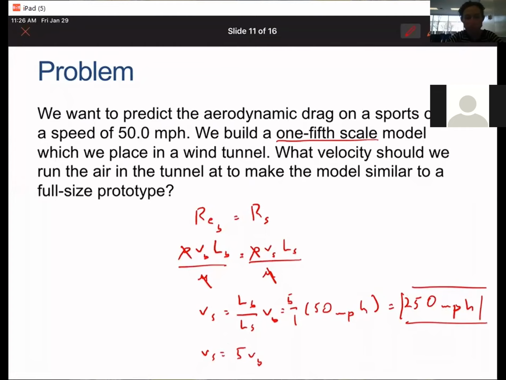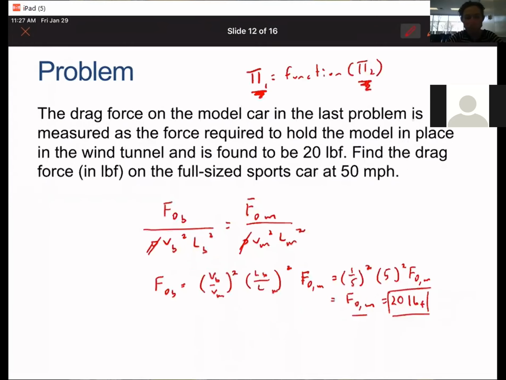So we know then that the big one is 5 times as big as the small one. And then we did this with the Reynolds numbers to figure out that the velocity around the little one needs to be 5 times as big as the velocity around the big one. Okay, I see now.